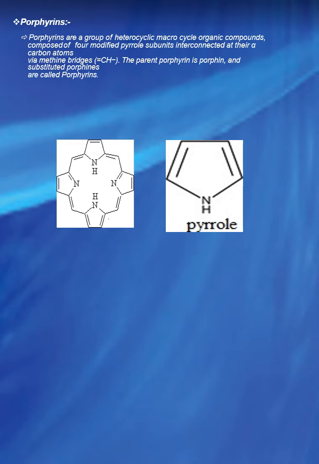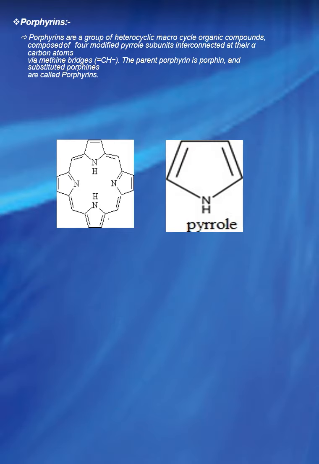Porphyrins are a group of heterocyclic organic compounds, that is macrocyclic organic compounds, composed of 4 modified pyrrole subunits interconnected at their alpha carbon atoms via methine bridges, that is double bond CH.